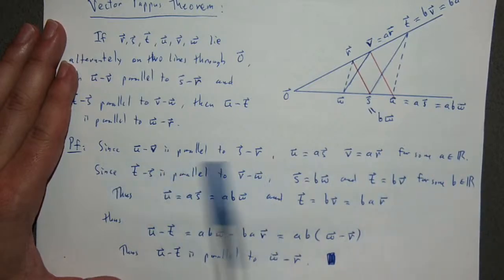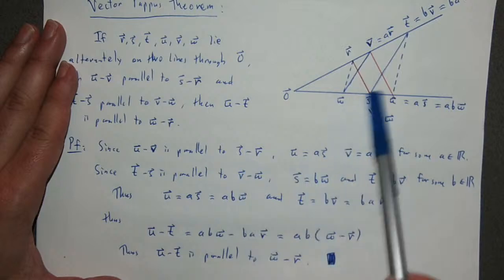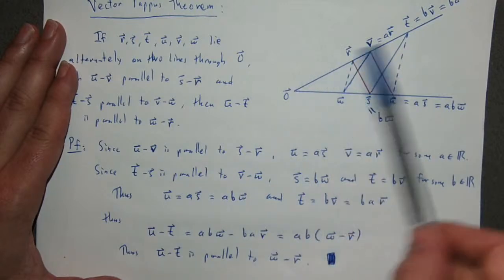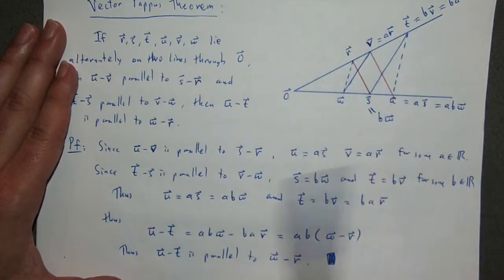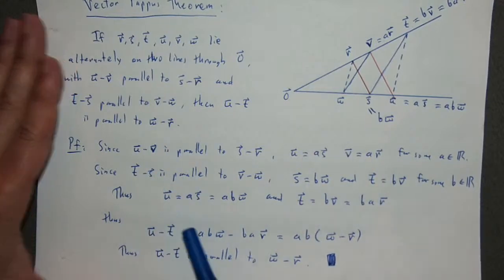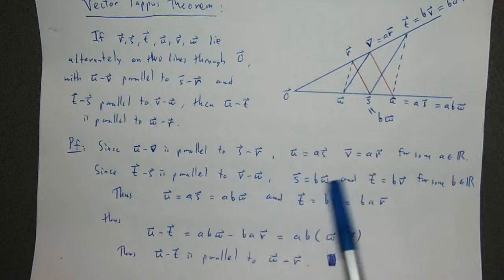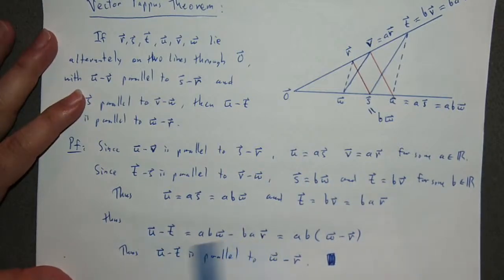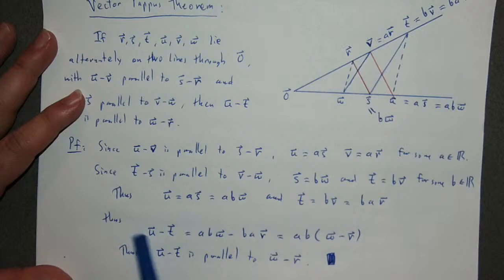It's definition of parallel coming from here and definition of two points as vectors lying on the same line through 0. Again, that's a definition of parallel. This is just rewriting those things, some basic algebra. This is definition of parallel. So the only thing that's not just definition of parallel in this vector setting is this thing, where we have made use of the fact that AB and BA are the same.